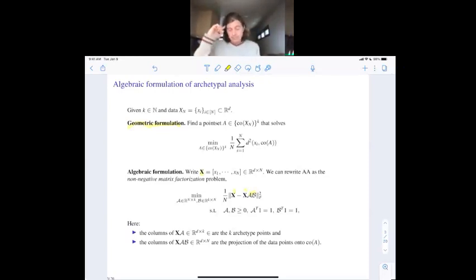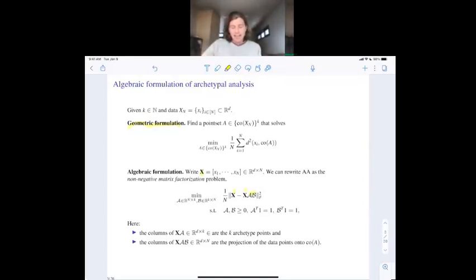And if you think about this, you can see the correspondence. Let's see, X minus XAB. The columns of XAB are going to be the convex projection of each of the data points onto the convex polytope. And so XA, since A is column stochastic, the columns of that are going to be the archetype points themselves.